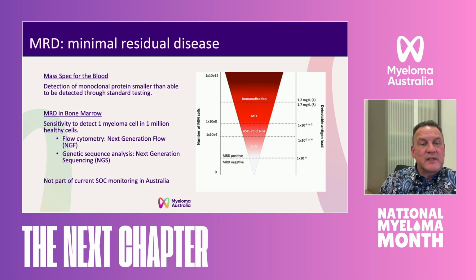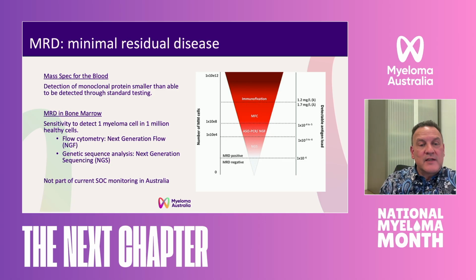And then once you clear the blood, then you can look in the bone marrow, and it's not just can you see any myeloma cells in the bone marrow, but can you use very sensitive techniques such as flow cytometry, again using antibodies with a fluorescent marker and a machine that can count millions of cells to say, do you have any cells left in the bone marrow at that point in the area when the bone marrow was taken?